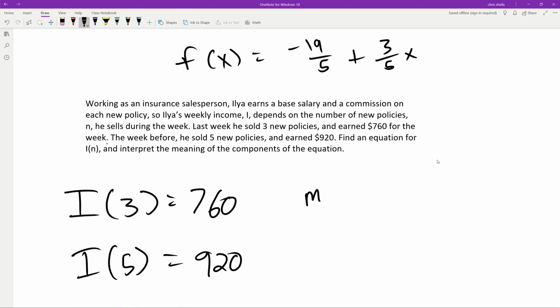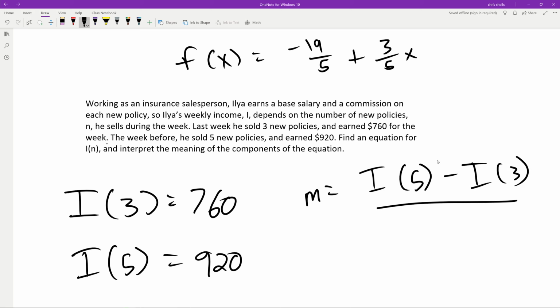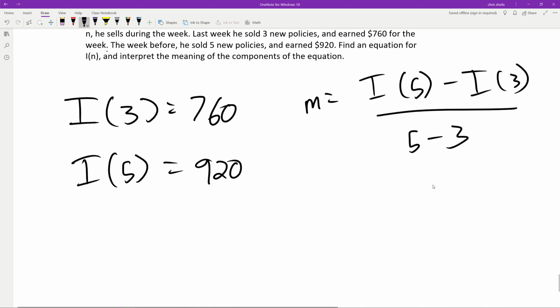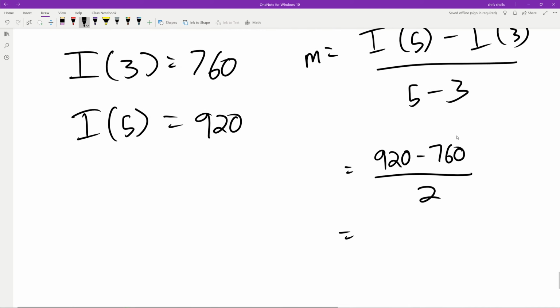I can then set up my rate of change equation as being I of 5 minus I of 3 divided by 5 minus 3. This gives me I of 5 is 920 minus I of 3 is 760 divided by 5 minus 3 is 2. 920 minus 760 is 160 divided by 2 is 80.